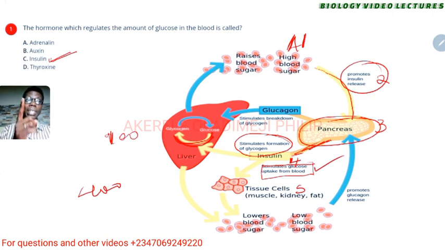It's going to do that by causing the cells of the body generally to absorb more glucose than they normally would and store it there. Number 2 is going to convert this excess glucose into glycogen. So let's say this is 5, this is 6. So I'll just put 6 here. Conversion of excess glucose to glycogen.